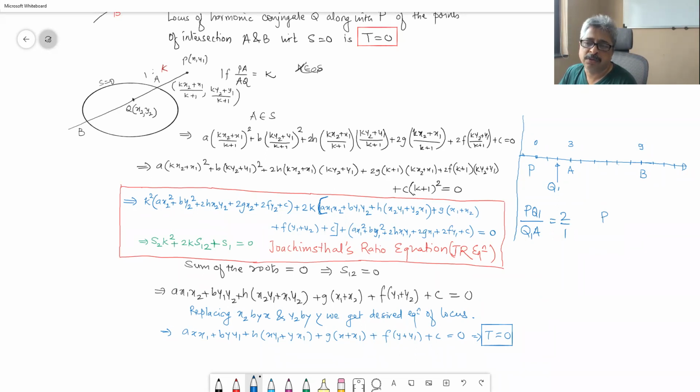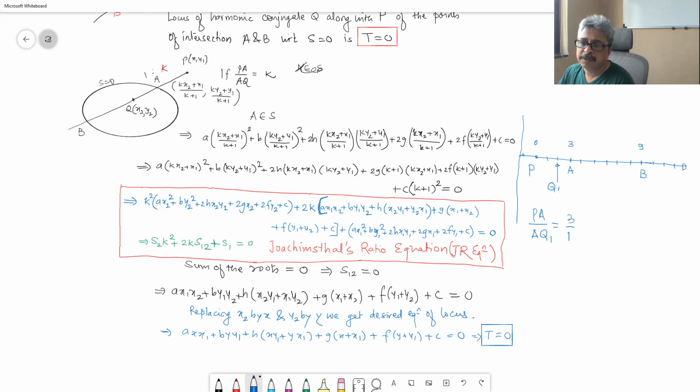P and Q are supposed to be harmonic conjugates. So PA upon AQ1 is how much? 3 upon 1.